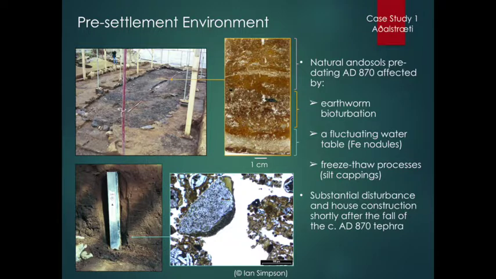So what you're looking at is the turf collapse from the roof onto the floor of the house. Okay, so that's sealing the floor deposits, and that's a very typical situation in Icelandic settlement sites. So this is how we can get information about what's happening after the site was abandoned.